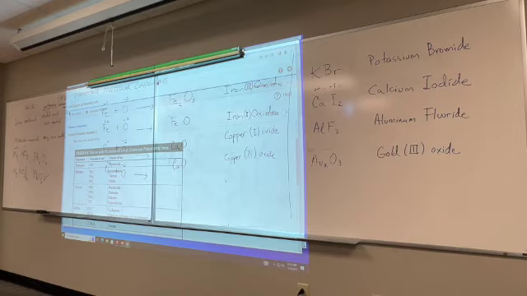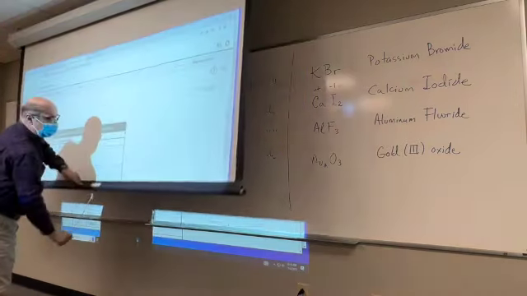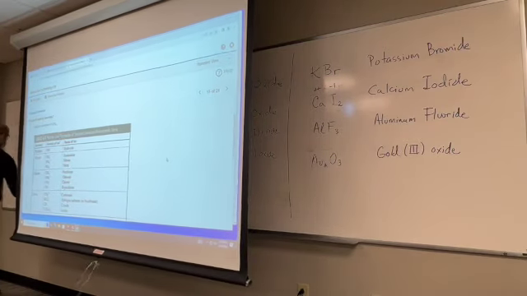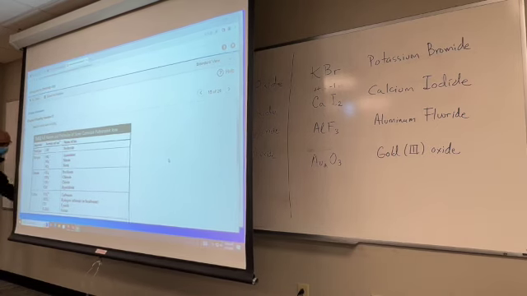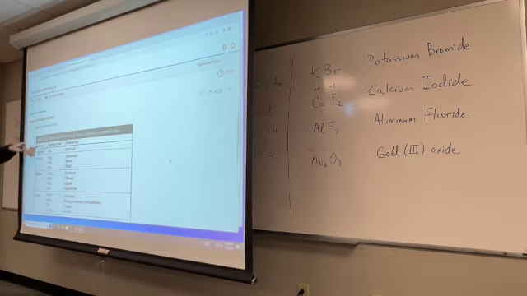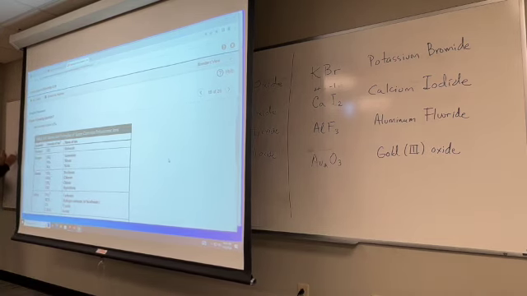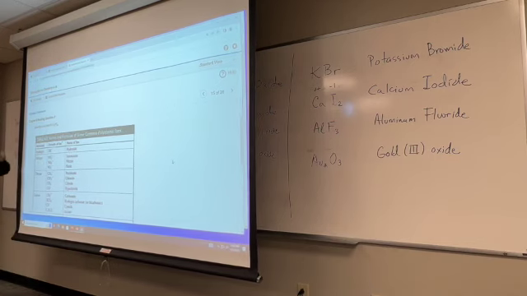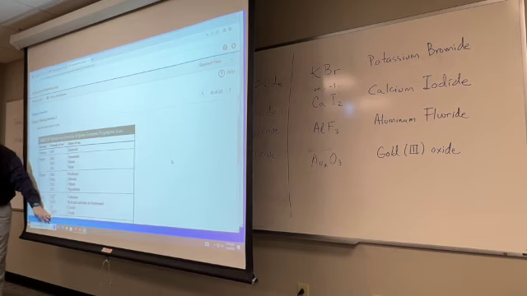So remember that we name compounds always with the positive metal first, positive ion, followed by the name of the negative ion. That doesn't change with polyatomic ions. So what do we have? K, potassium. And then we have PO4. So we look at this table for PO4.